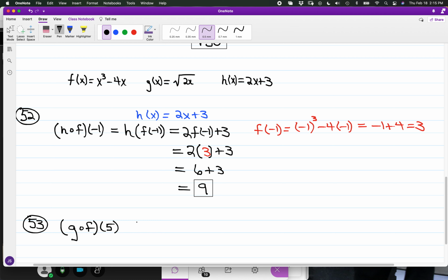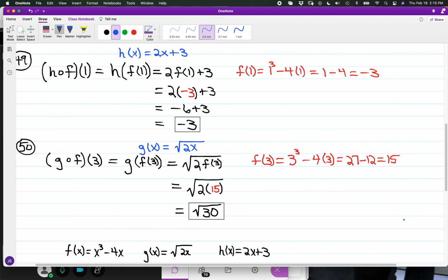So you have g composed with f of 5, and this is where we have g of f of 5. Again, the output function in this case is g, and the input is f of 5.